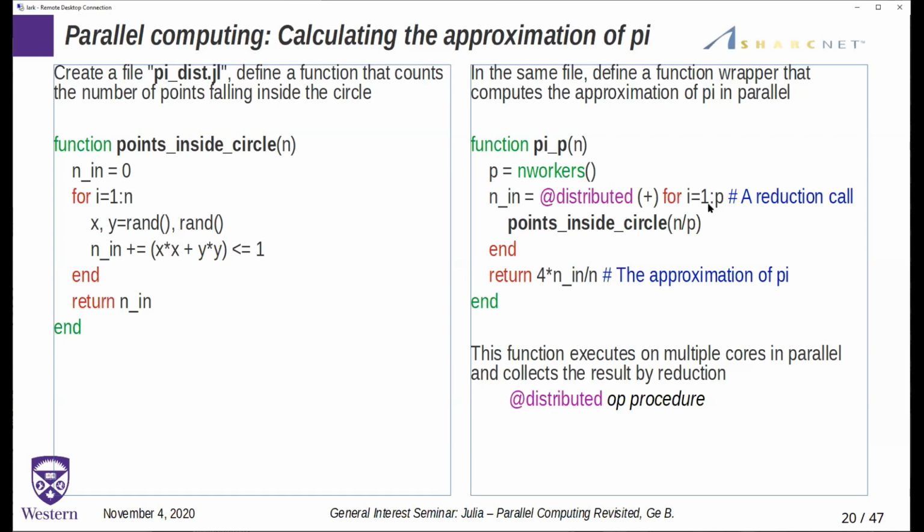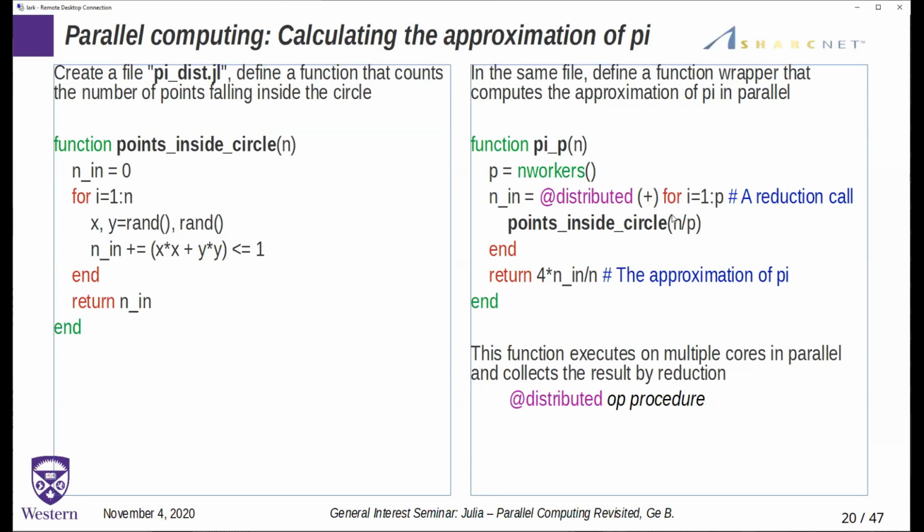We loop over the number of workers, and inside this for loop, we call this function, points inside the circle, and we apply a macro called distribute to this for loop, with a reduction operation plus.